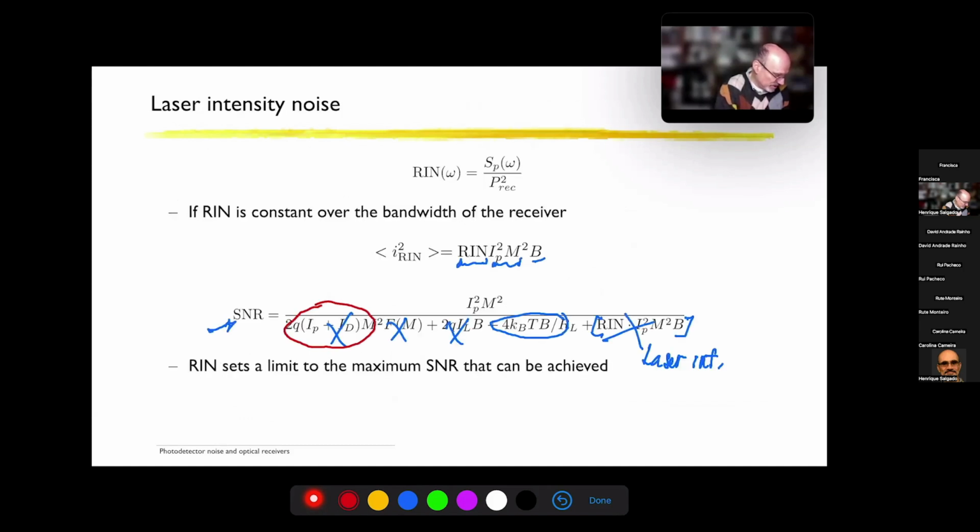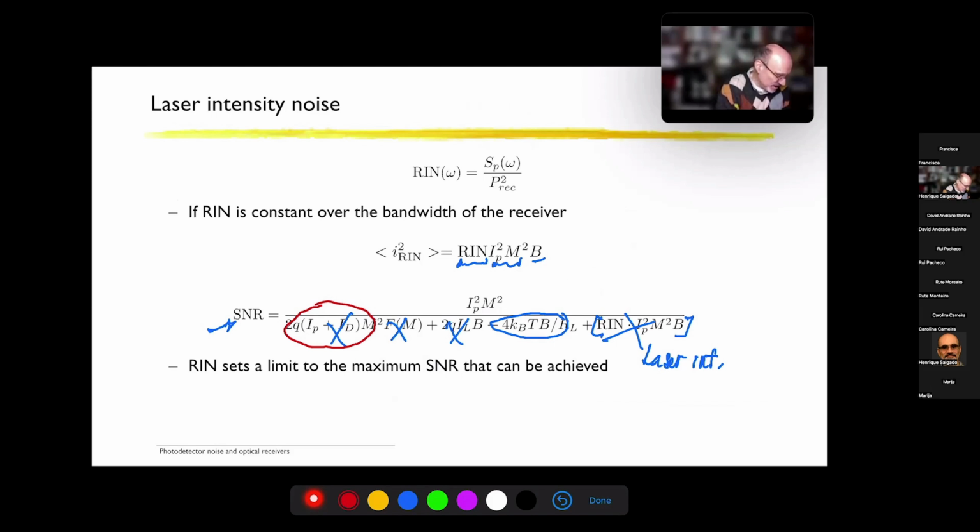If we look into the signal-to-noise equation, we see that the quantum noise is defined by 2 times the electronic charge times the primary photocurrent times B times m squared F(M).